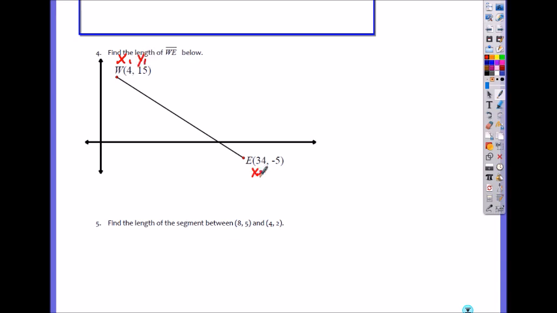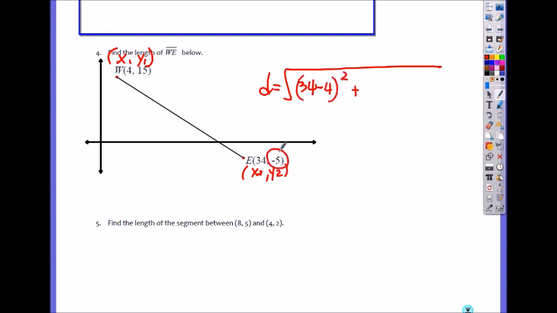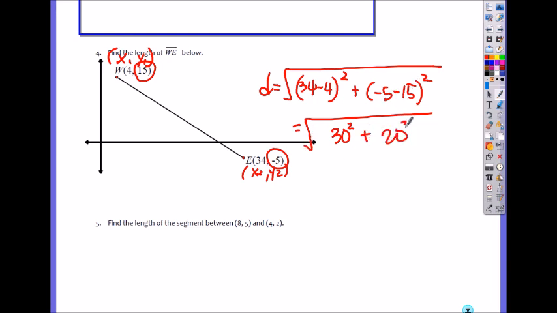x1, y1, x2, y2. So distance is square root of x2, 34 minus 4 squared plus y2 minus y1, 5 minus 15 squared. So I get square root of 30 squared plus negative 20, but I'll just write 20 squared.